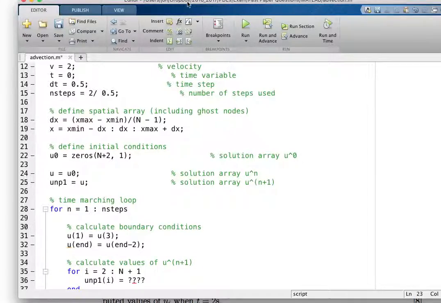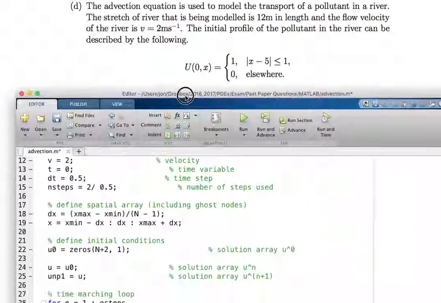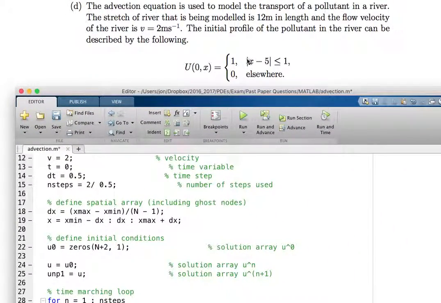Then for when the absolute value of x minus 5 is less than or equal to 1, our initial condition is 1. So that's our initial condition.